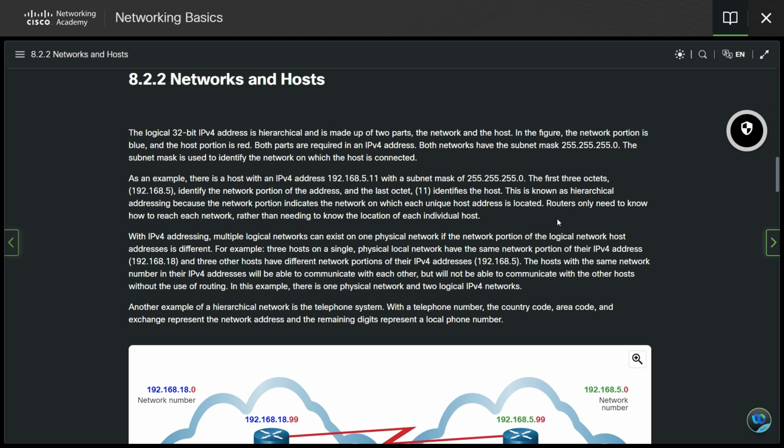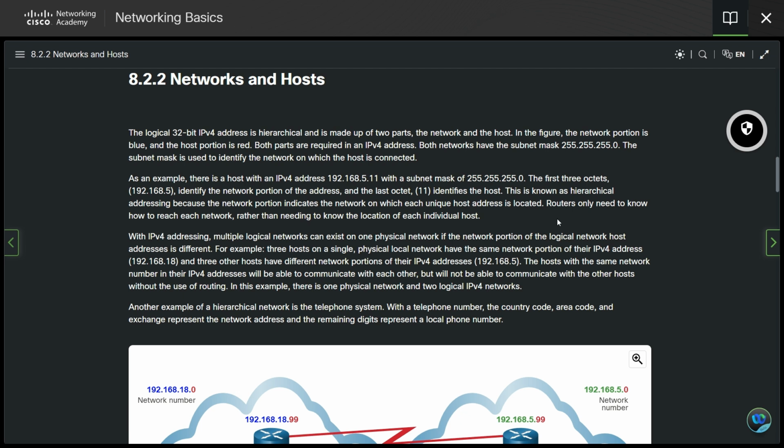For example, three hosts on a single physical local network have the same network portion of their IPv4 address, 192.178.18, and three other hosts have a different network portion, 192.178.5. The hosts with the same network number in their IPv4 addresses will be able to communicate with each other, but will not be able to communicate with the other hosts without the use of routing.